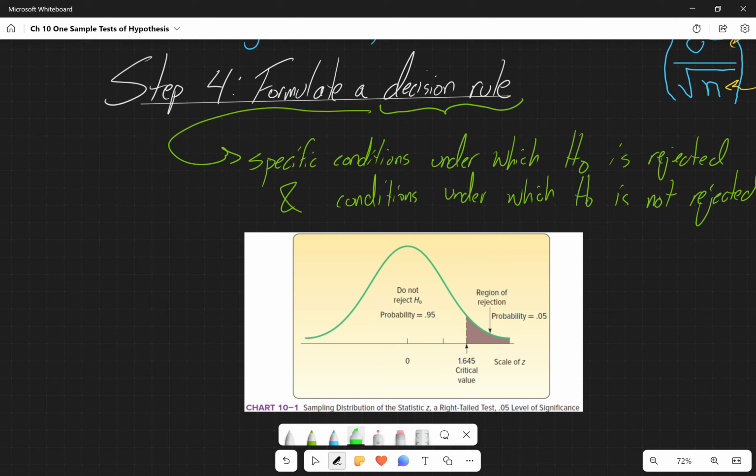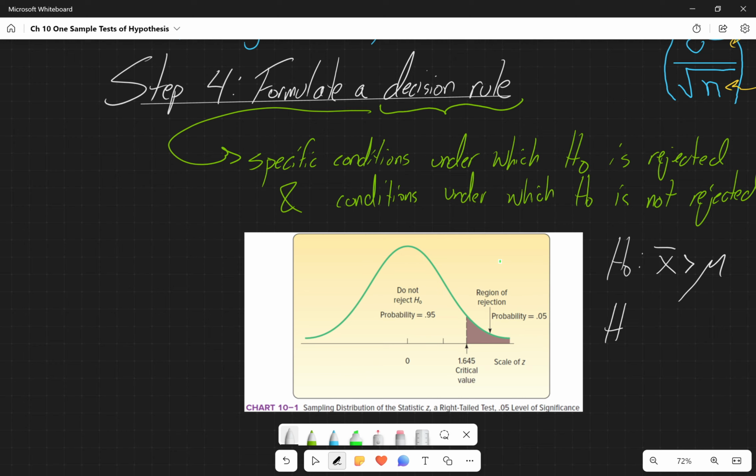So this is a one-tail situation. We're trying to figure out just, is this greater than? So the null hypothesis for something like this would be, is the x bar greater than mu?